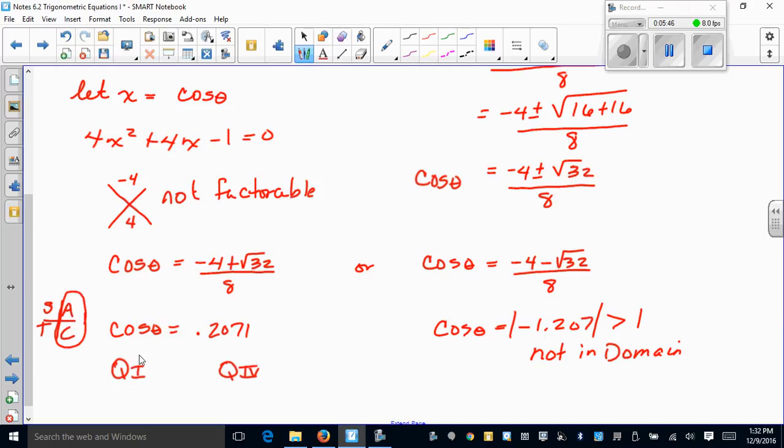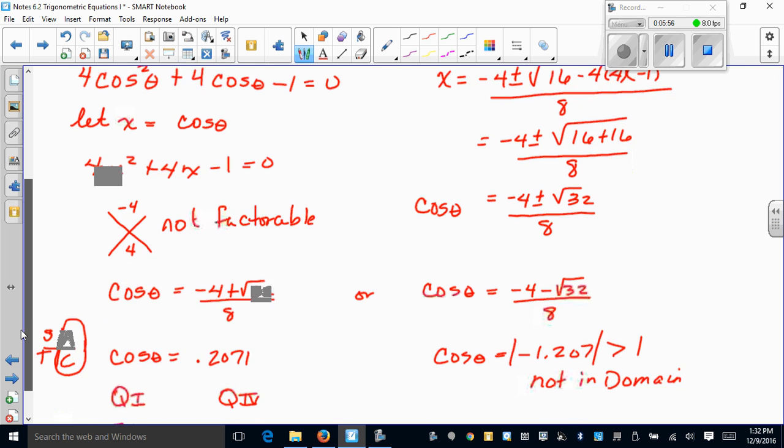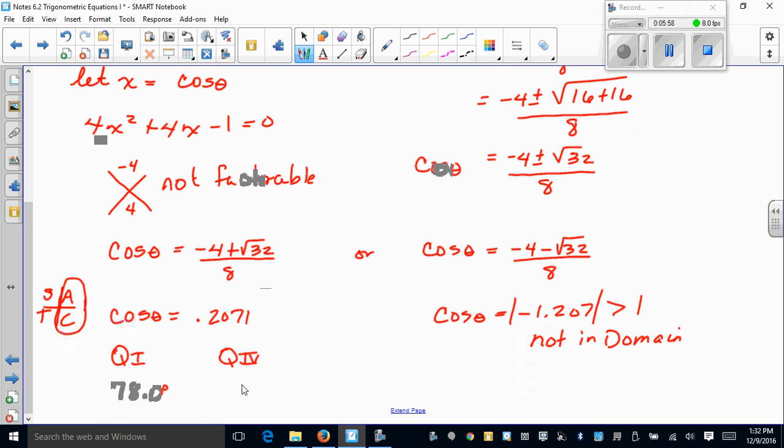When I put it into the calculator and round it, it becomes 78.0 degrees. It says to the nearest tenth, I believe. Yes. And then for this one, since you're in quadrant 4, it's going to be 360 minus 78, which gives us an angle of 282 degrees. And there's our answer.